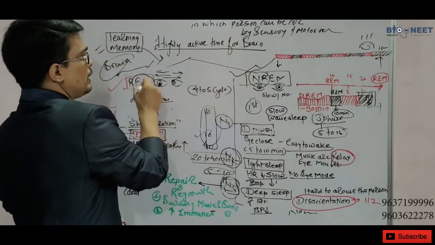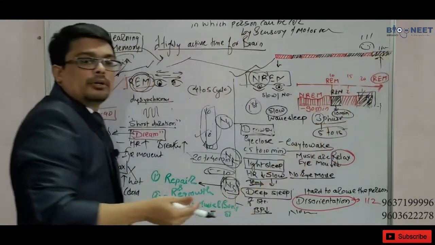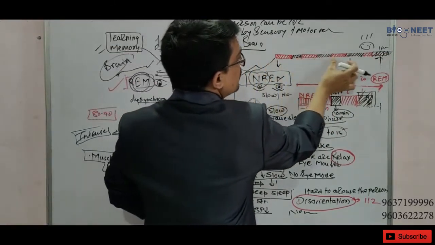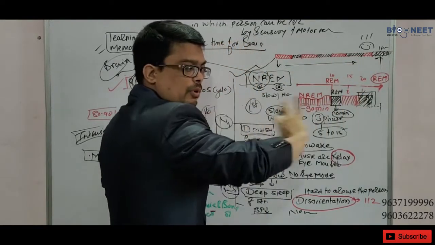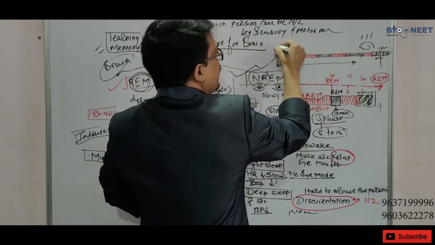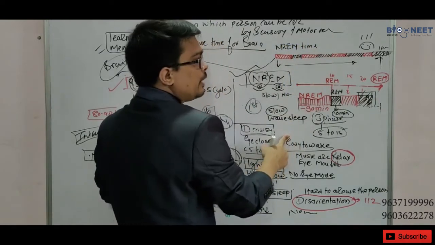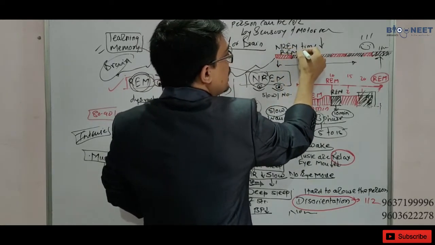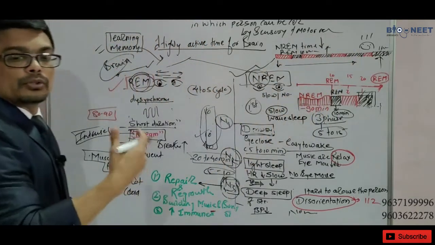If you see the REM type of sleep, it is increasing, and NREM sleep is decreasing. So as we go further, NREM time, which is first like 80 to 90 minutes, decreases, and REM, which is 10 minutes at the start, increases and goes up to 90 minutes or 1 hour.